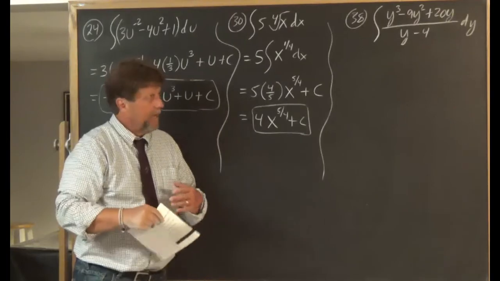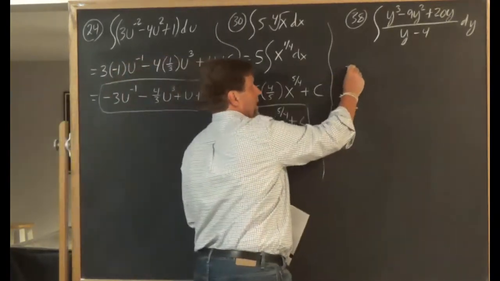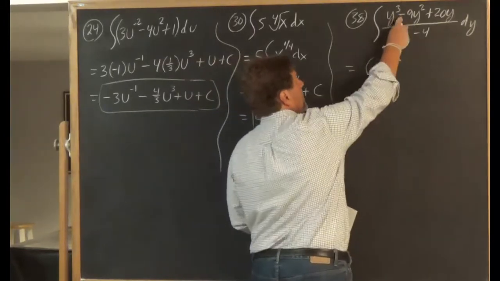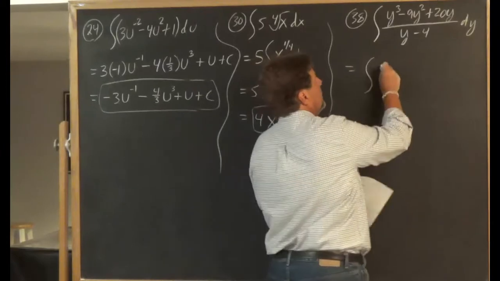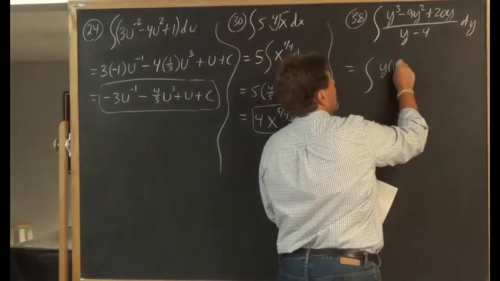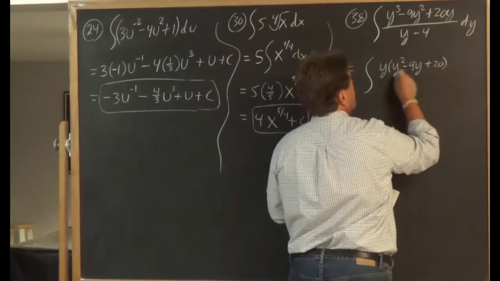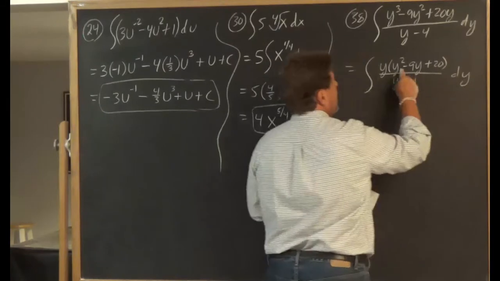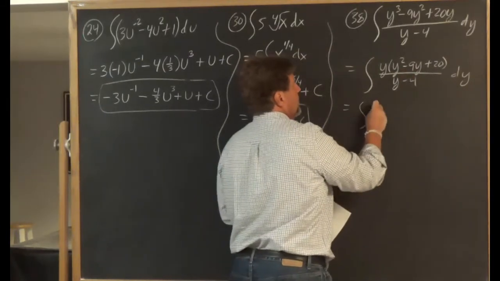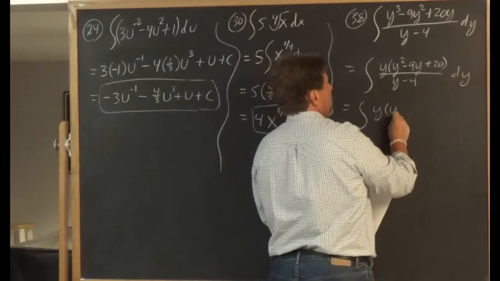38. Well, I'm going to have to do a little bit of work on that integrand. So when I look at the integrand, I look at the numerator, I say, well, hey, I can factor out a y. So I factor out a y. That leaves me with a y squared minus a 9y plus 20. And then I should be able to factor this y squared minus 9y plus 20.